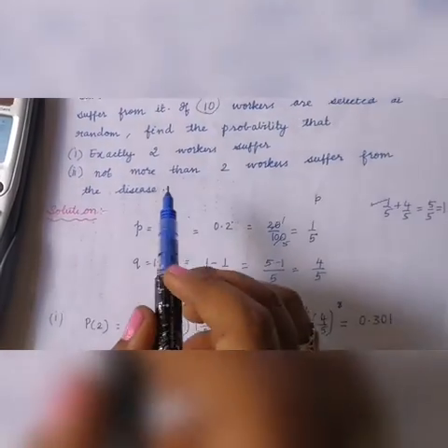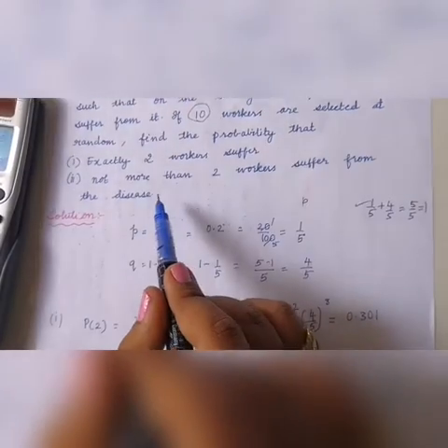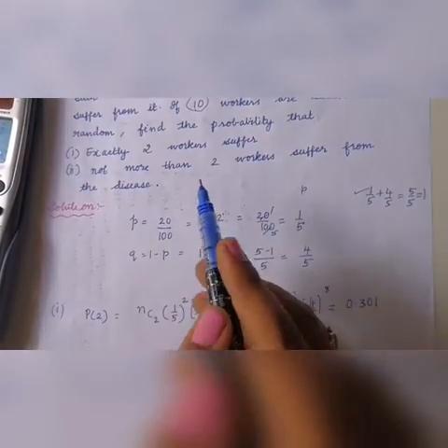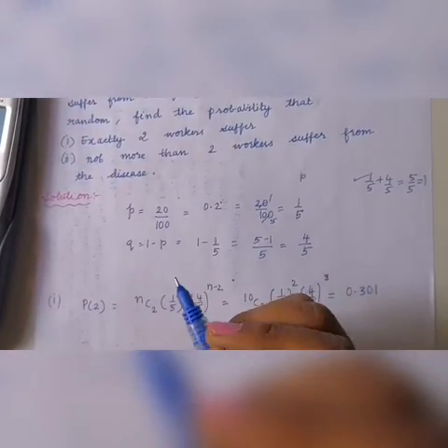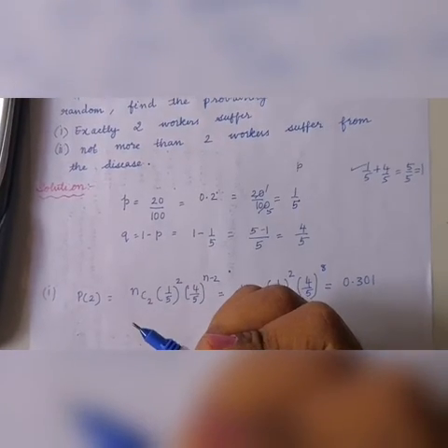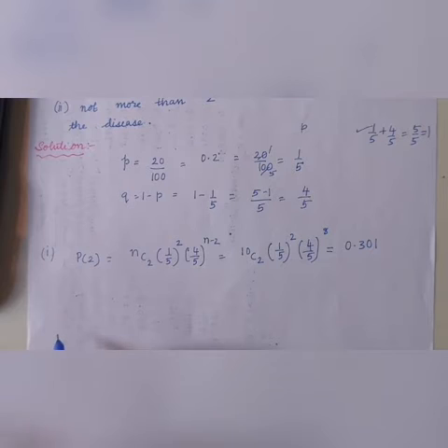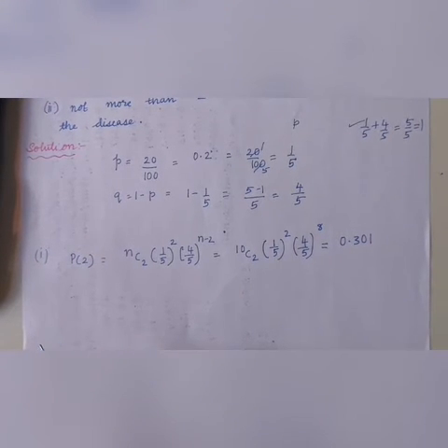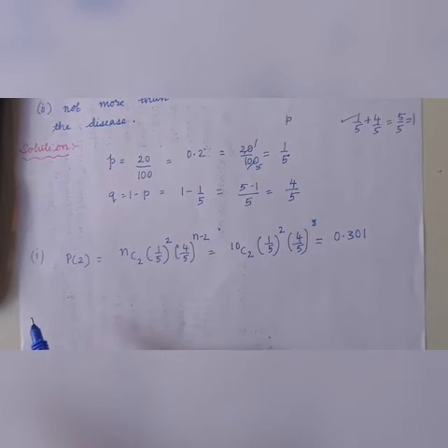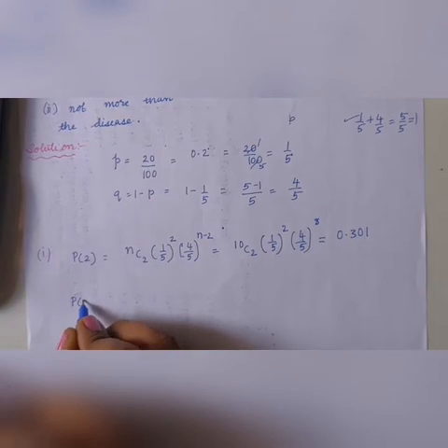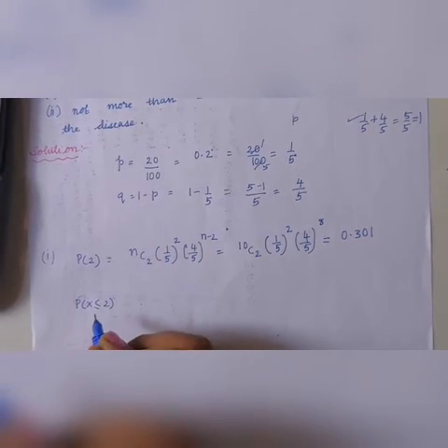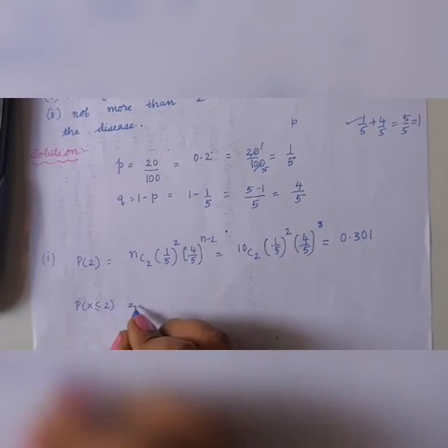Second one, not more than 2 workers suffer from the disease. So what are the numbers which are not more than 2? So x should be less than or equal to 2, right? Not more than 2 means P of x should be less than or equal to 2. What all values are less than or equal to 2?